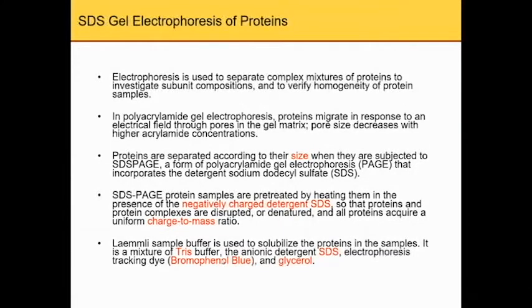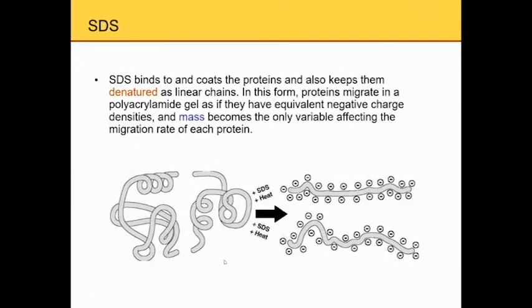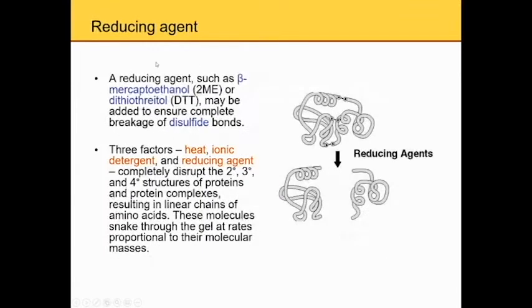So that we can track the distance the protein migrates on the SDS-PAGE gel, because normally when you perform gel electrophoresis, you don't know where your sample is. That's why you need to add the tracking dye, so that you can see where the protein is.